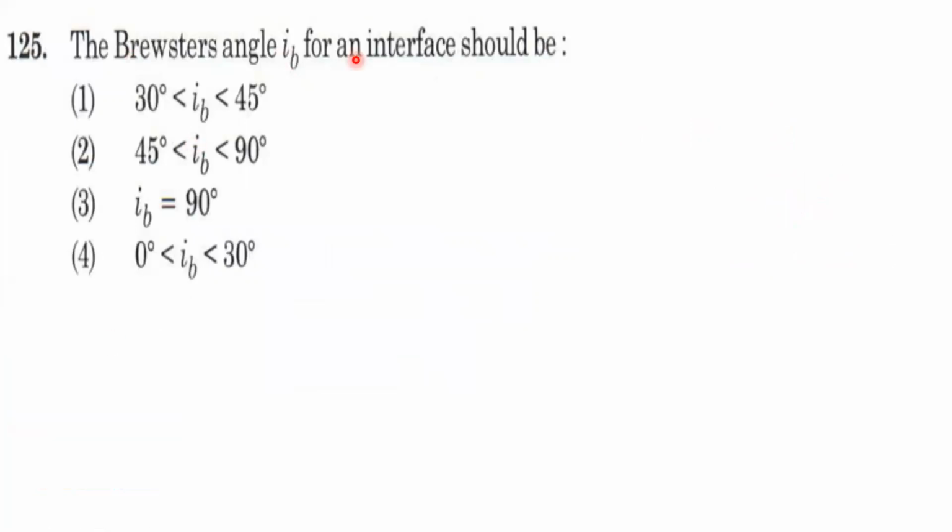125th question. The Brewster's angle for an interface should be, the refractive index is equal to tangent of the polarizing angle. This is the formula. We know that mu is greater than 1 and less than infinity.